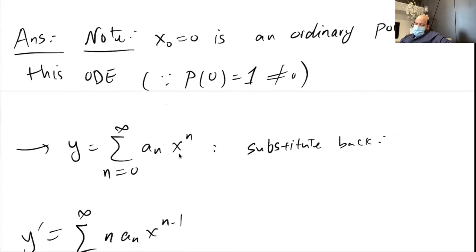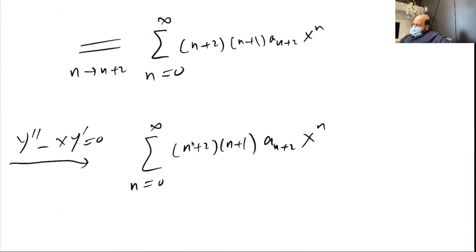I have to multiply this one with x, so x to the power n will change to x to the power n plus 1. So then I'll have minus sigma a_n x to the power n plus 1, from 0 to infinity.